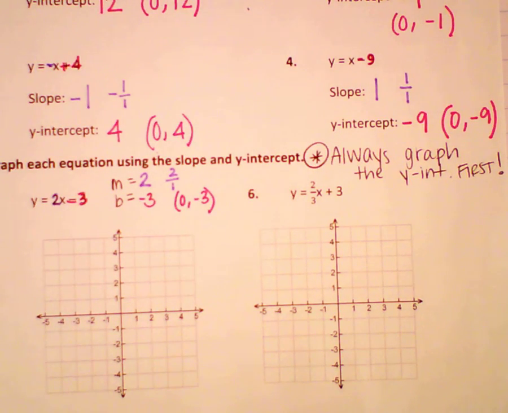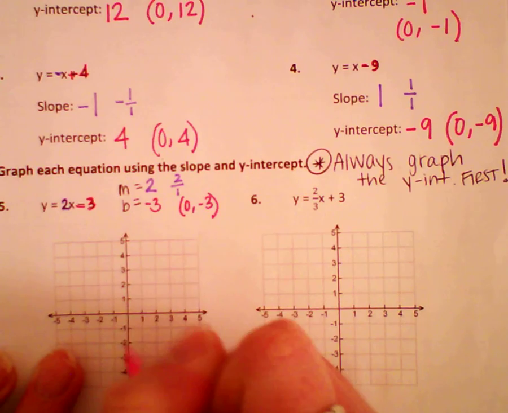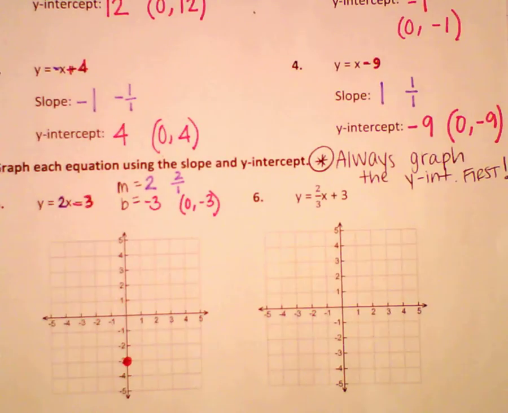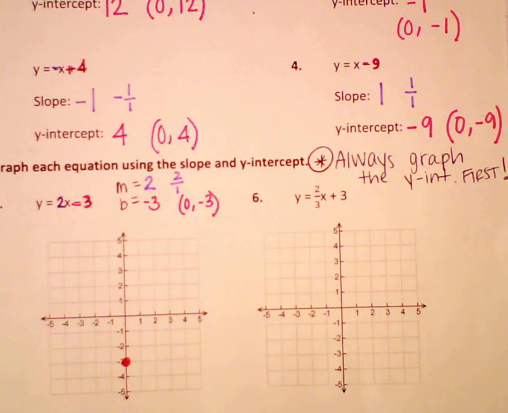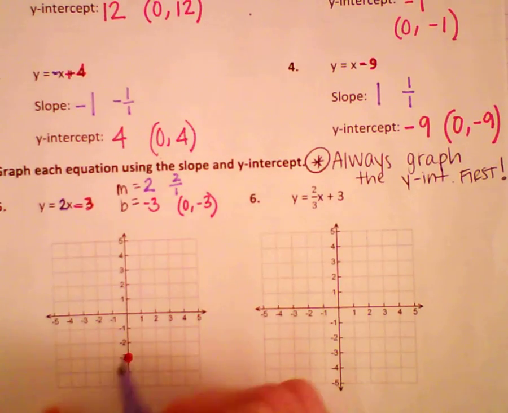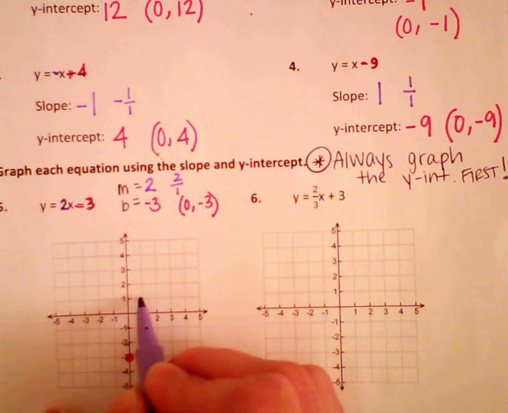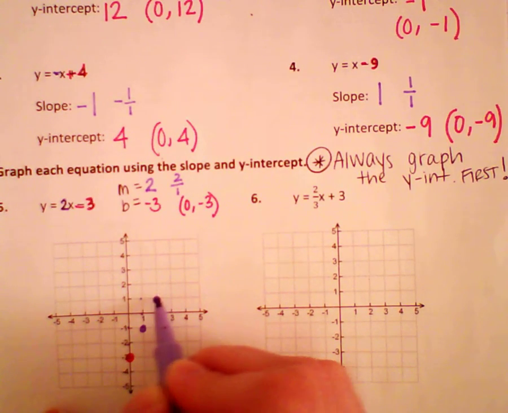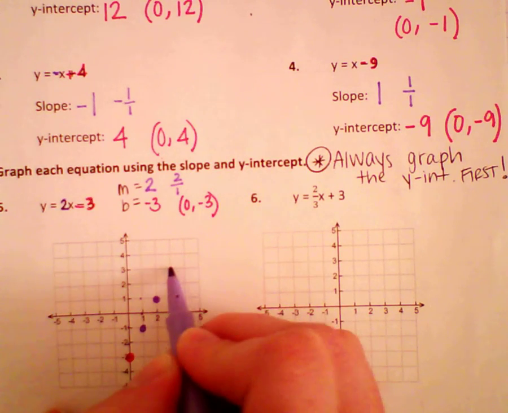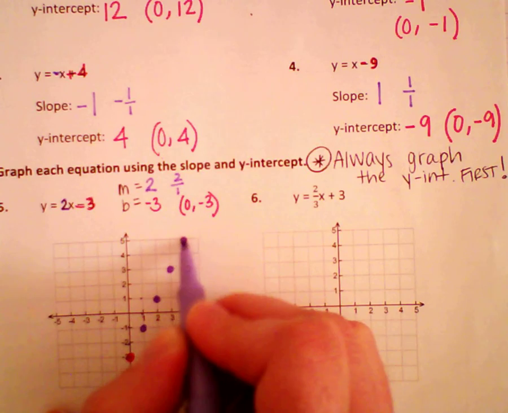Okay, so let's do it. Number 5. My y-intercept is at 0, -3. So I graph my y-intercept, and now I'm going to use my slope to graph my other 3 points. So my slope is 2, up 2 over 1, up 2 over 1, up 2 over 1, and I can actually do another one, up 2 over 1.